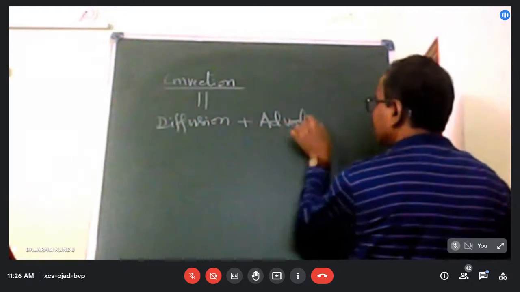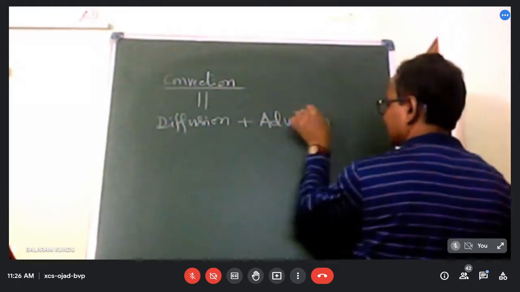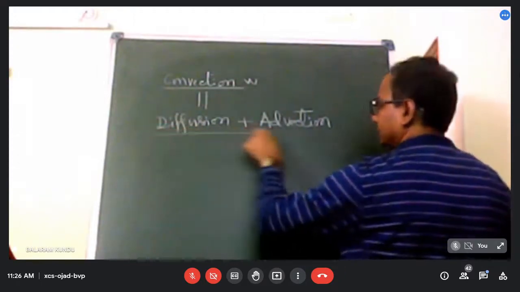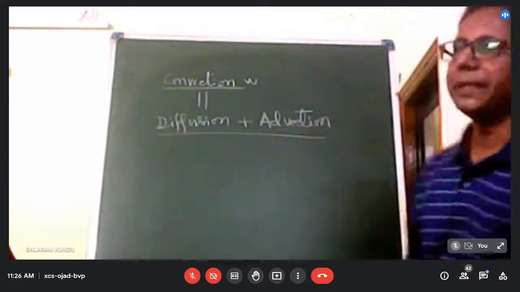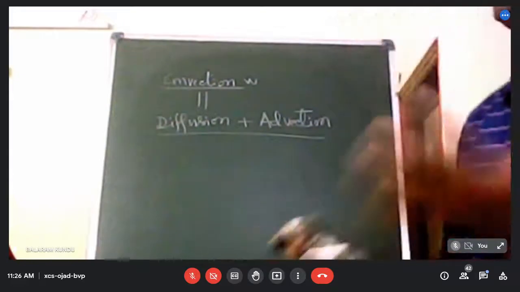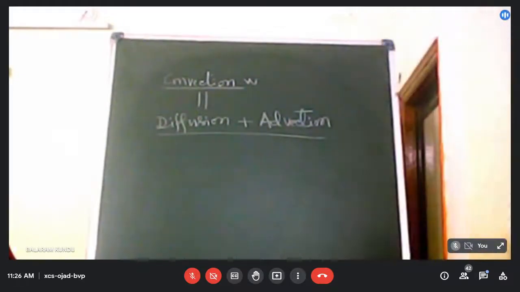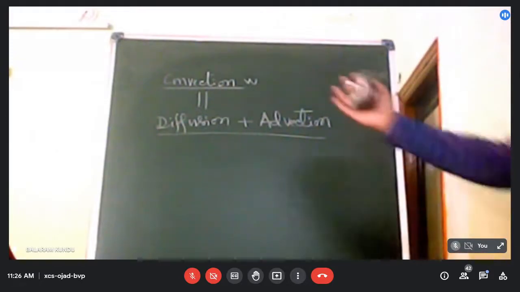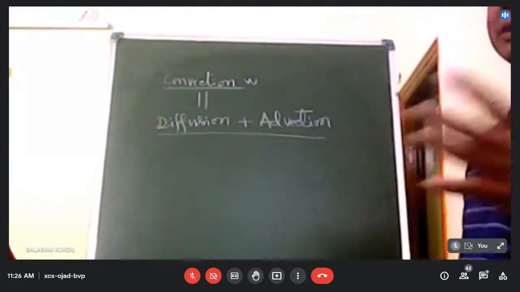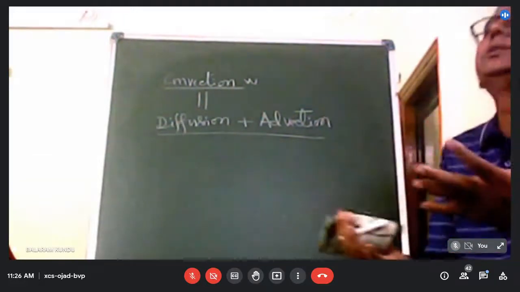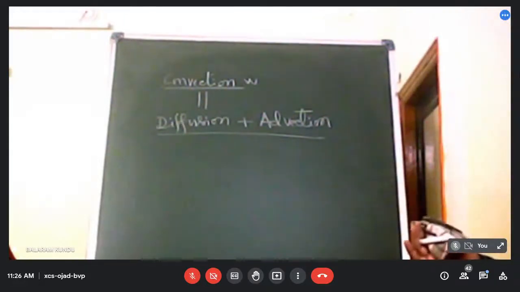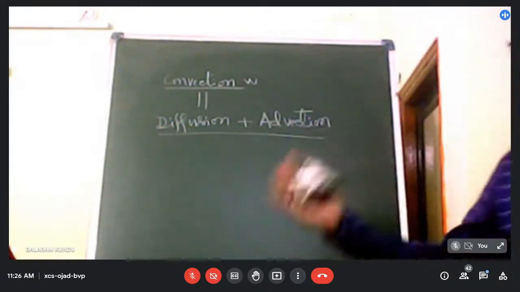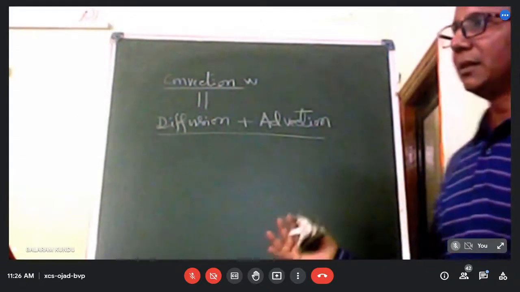And convection depends on what? Convection depends on material fluid properties, on the flow properties, and on the solid surface, or the shape of the solid surface.